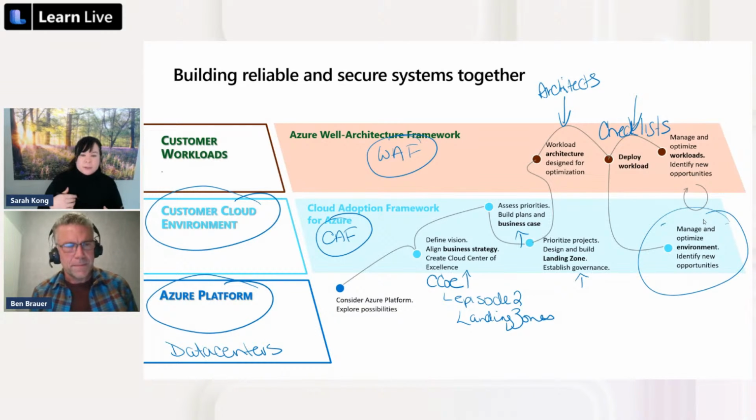I used to always think, well, once I've got the CAF, my cloud adoption framework, set up, then I'm good, and I can start building things. But you should always reference your cloud adoption framework to see that not only are you building things efficiently, prioritizing and maintaining that business strategy, but are you also managing and optimizing all of that? So it's a big piece.